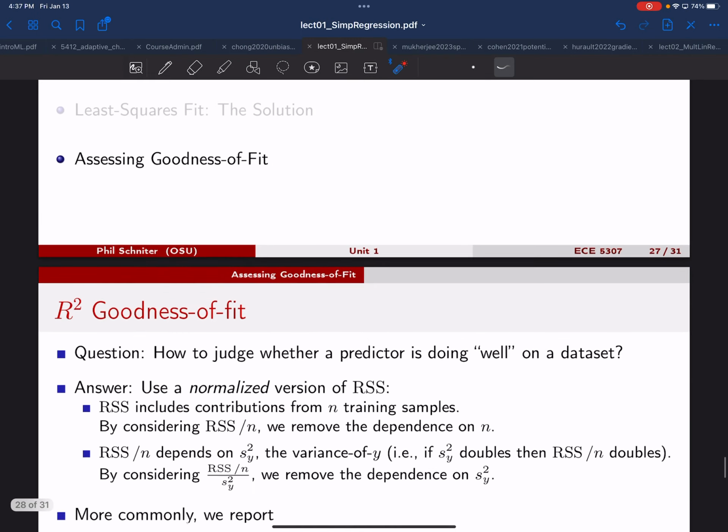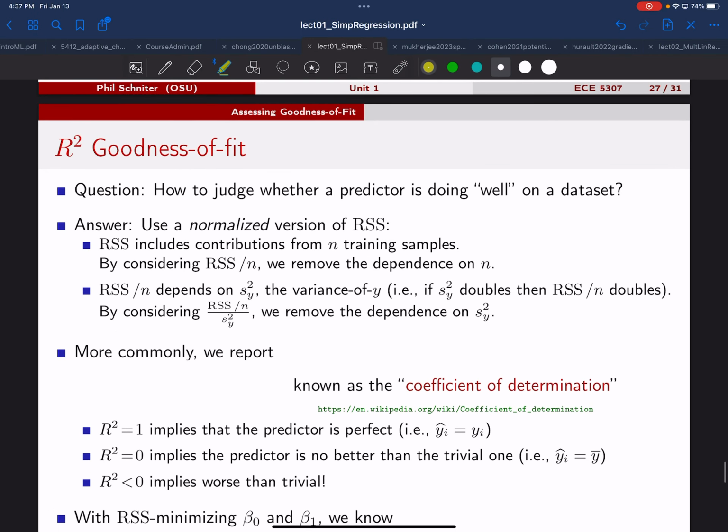So that's the idea, is we want to use a normalized version of RSS. And in particular, we want to remove the dependence on n by dividing by n. We also want to remove the variance of y. And now this thing is useful because this is sort of a metric that's independent of data size, independent of the exact scaling of the targets.